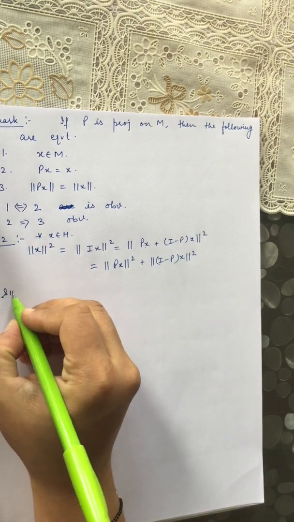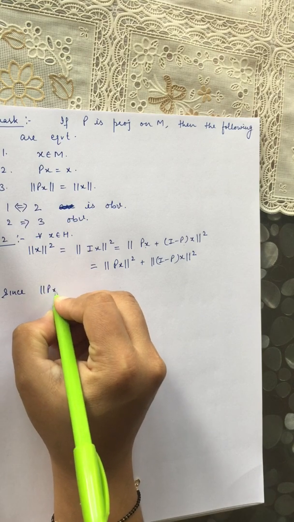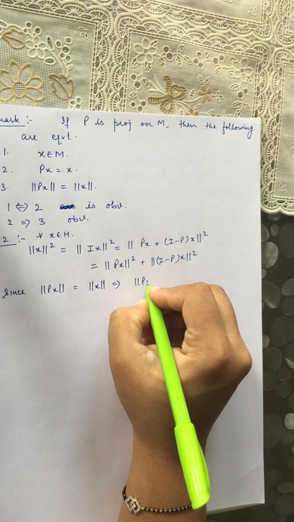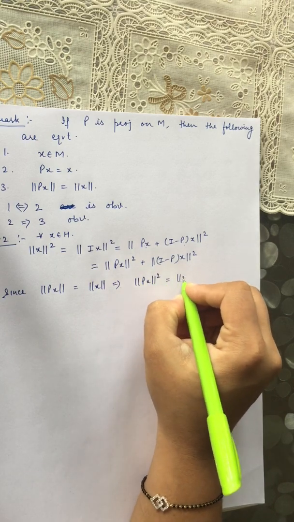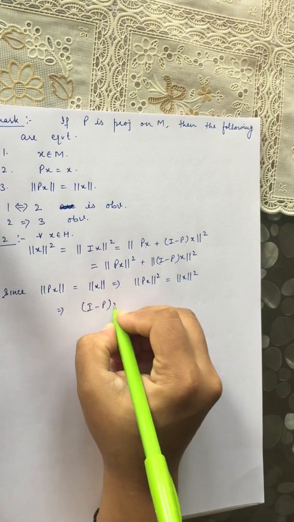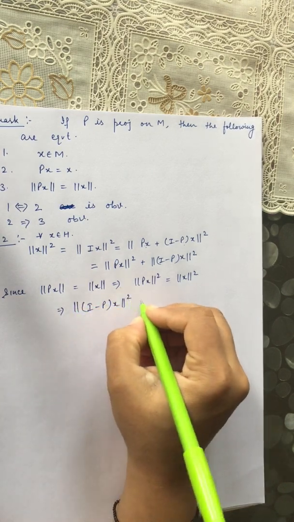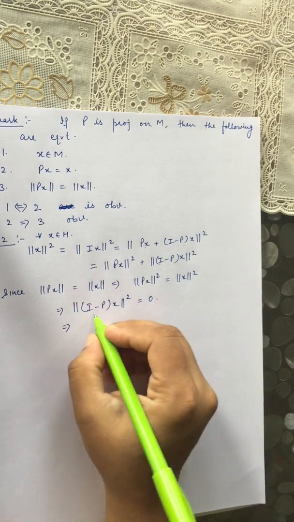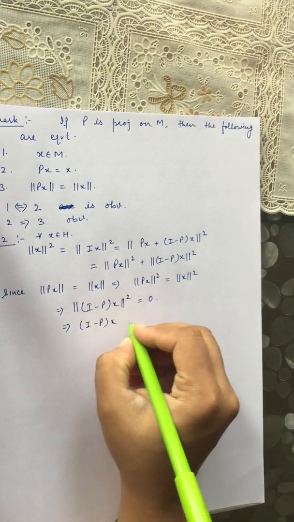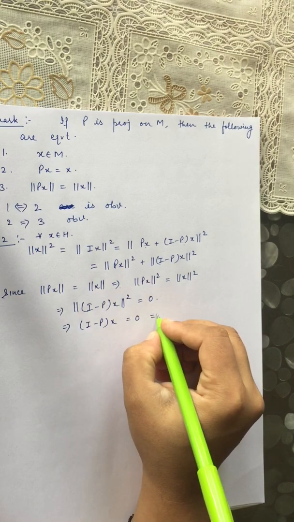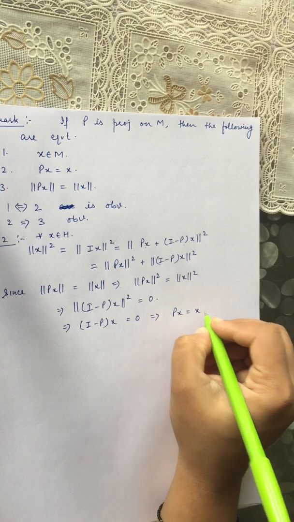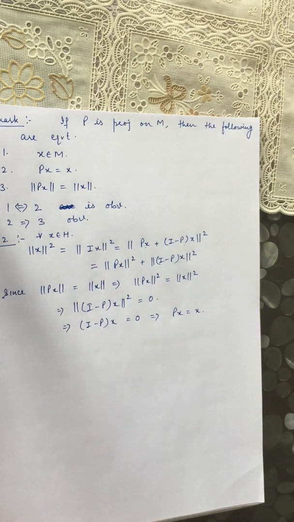Now since norm of Px is equal to norm x, which means norm Px squared is equal to norm x squared, this is 0. So this means I minus P applied to x is 0, because norm of something is 0 if and only if that vector is 0. So I minus P applied to x is 0 means Px is equal to x. So this proves the condition 2.